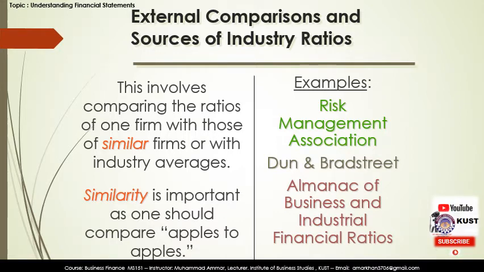So similarity is important, as one should compare like for like, apples to apples, not apple to mango, right? Examples include Risk Management Association, Dun and Bradstreet, Almanac of Business and Industrial Financial Ratios.